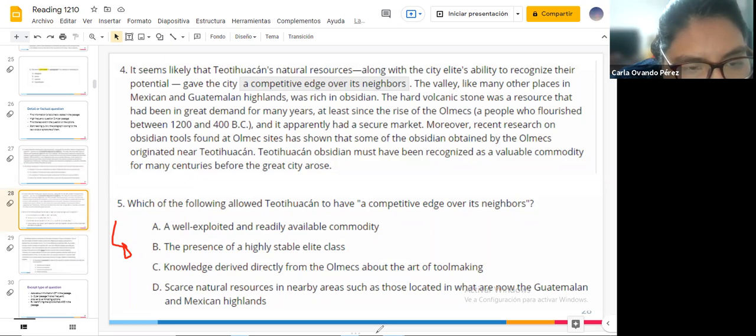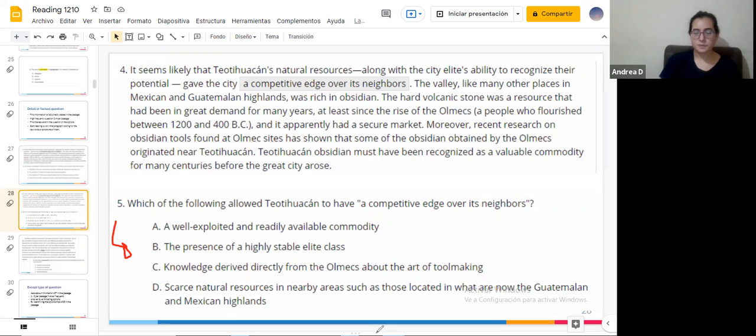C. Knowledge derived directly from the Olmecs about the art of tool making. D. Scarce natural resources in nearby areas such as those located in what are now the Guatemalan and Mexican highlands. Okay, thanks so much, Carla.